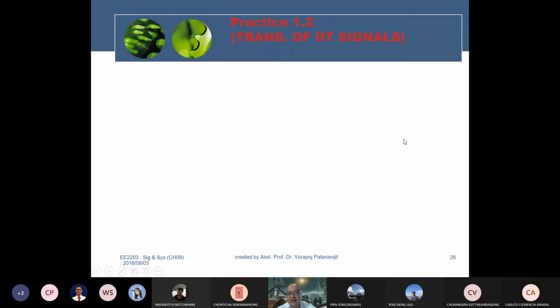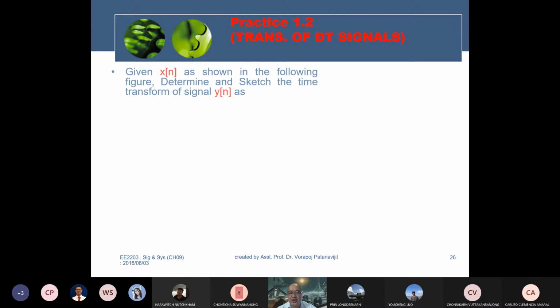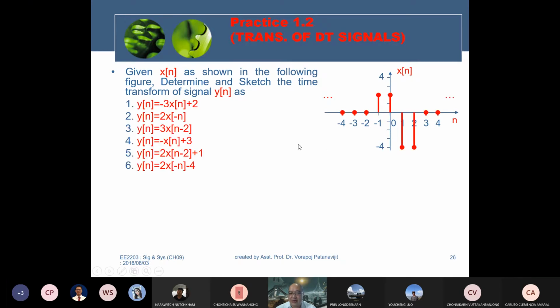Now for the second question. Given the signal as shown in the following figure, the same signal as the previous, almost all have the amplitude transform, but some maybe have both.